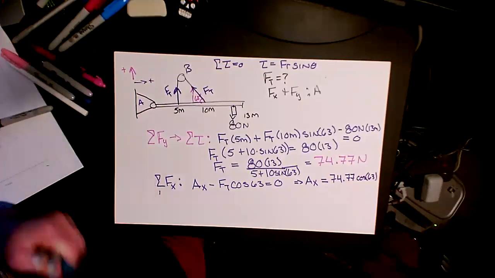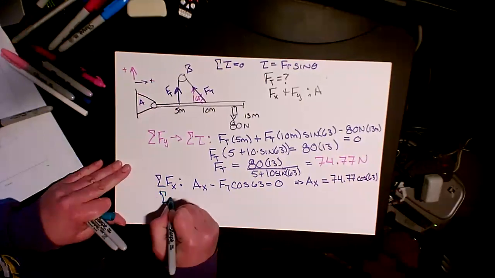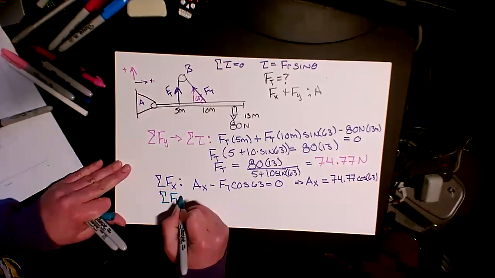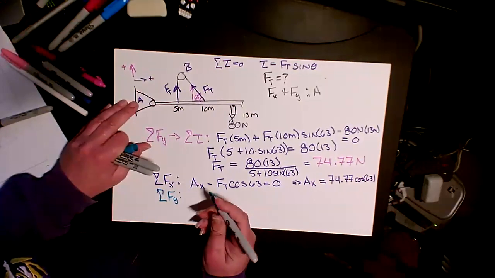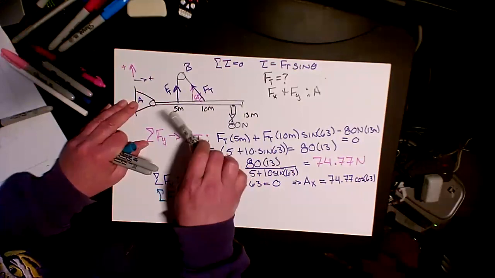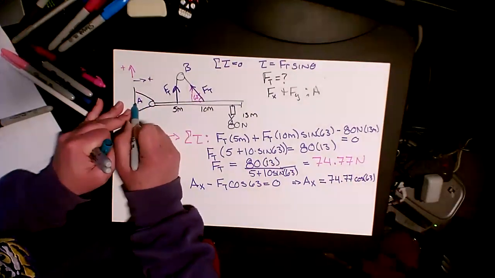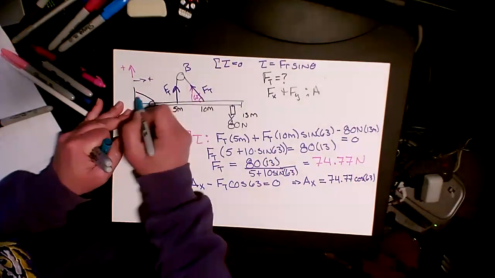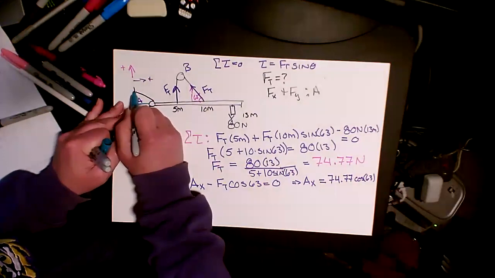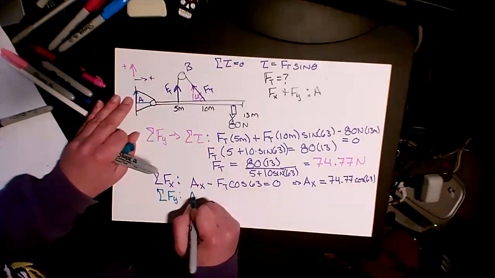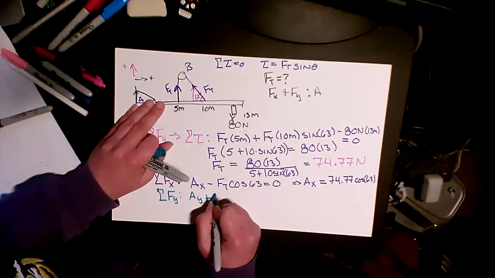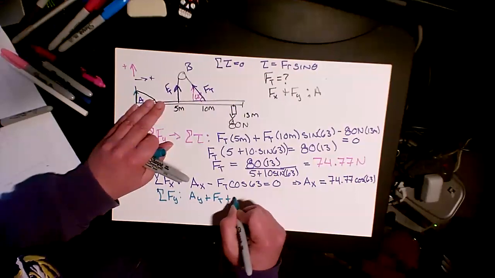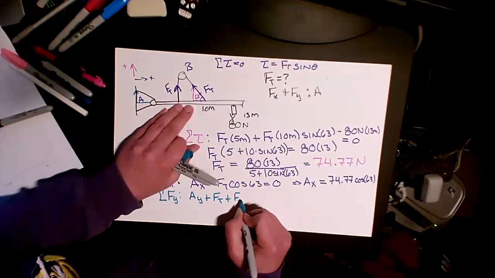So now for the sum of forces in the Y, well, there's a few more pieces, but we're just going to do the exact same thing, right? So if I'm looking around that thing, then that would be the force in my Y. So my A in the Y plus force of tension sine theta.